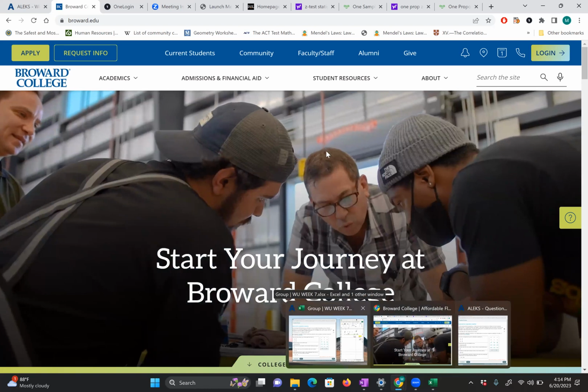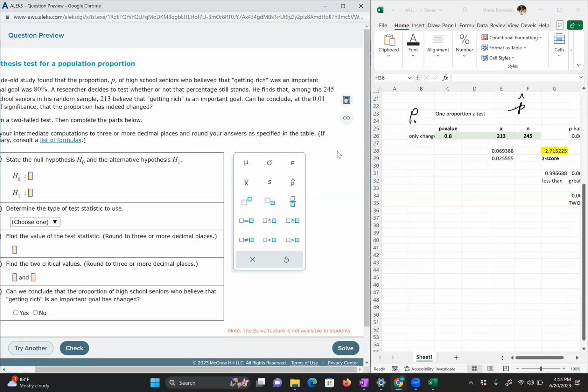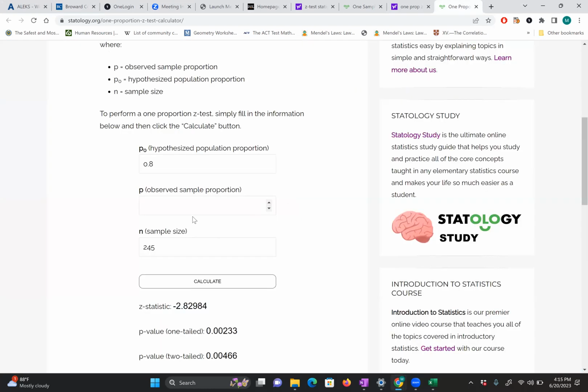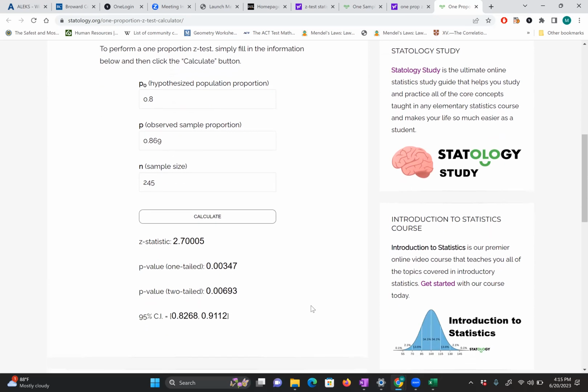Here. It was 213. 0.869. Okay, so I'm going to go with 0.869. All right. So I'm getting 2.7, and two-tailed I'm getting 0.006.